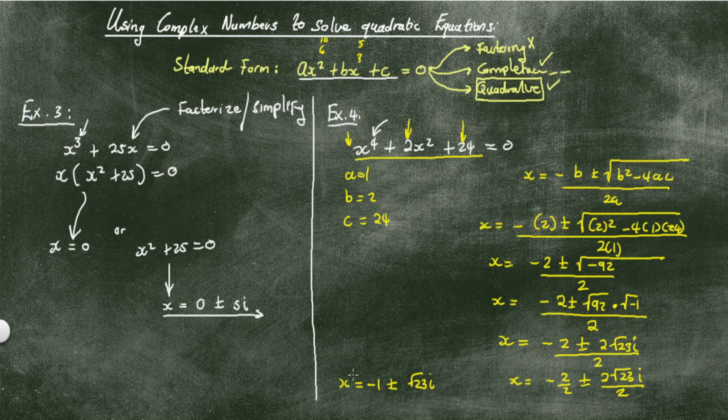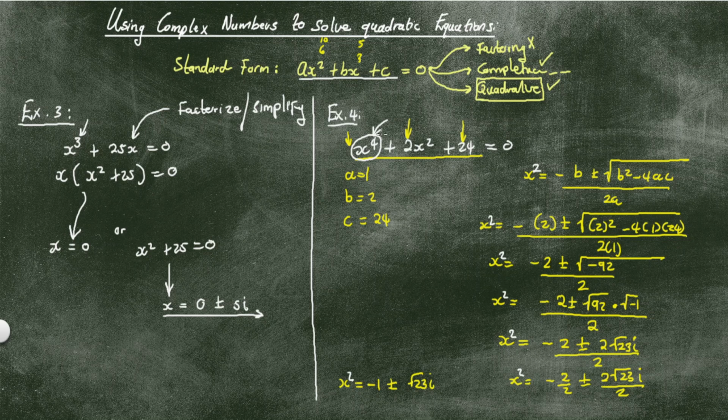Alright, now this is the mistake I made. We are actually solving for x squared. Why? It's because of the exponent, the highest power. Is it 2? No, it's 4.